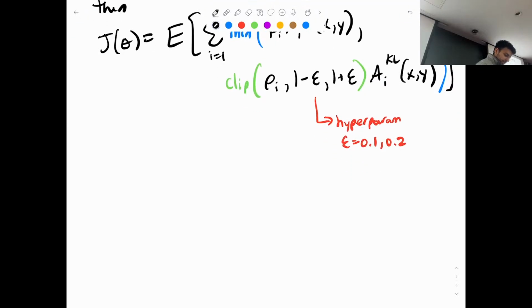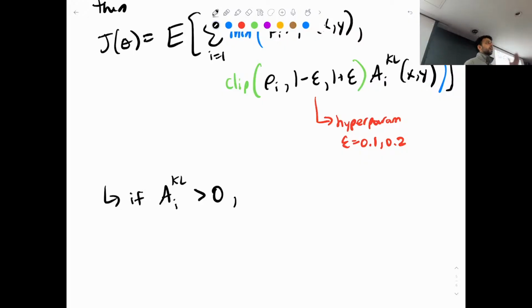Maybe we can start with some intuitive explanation of this and then get into a concrete example so that it becomes more clear. The general idea is that if the advantage of a token at some position i is greater than 0, that means we like this token, right?